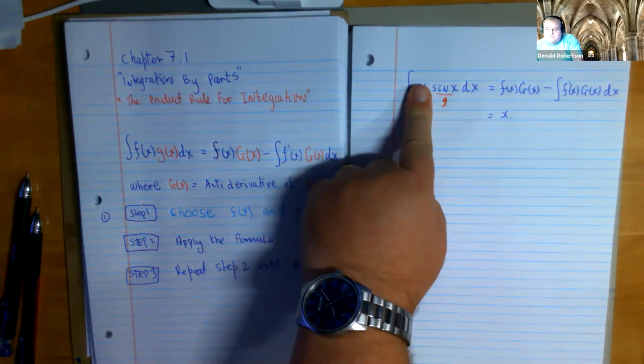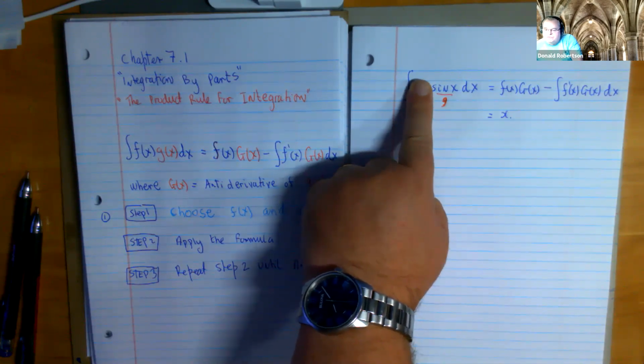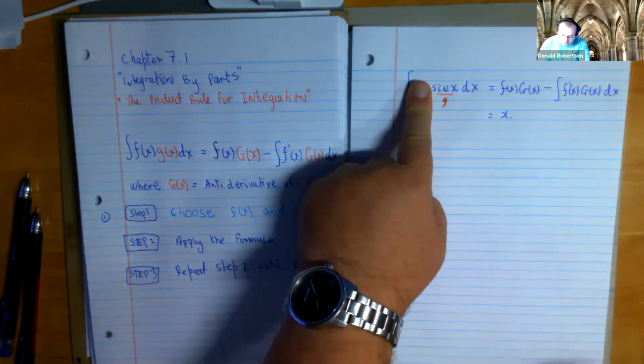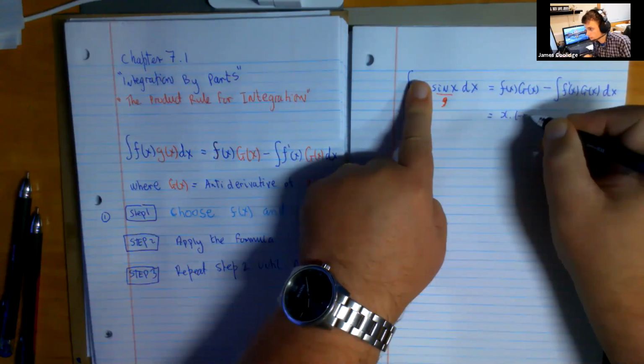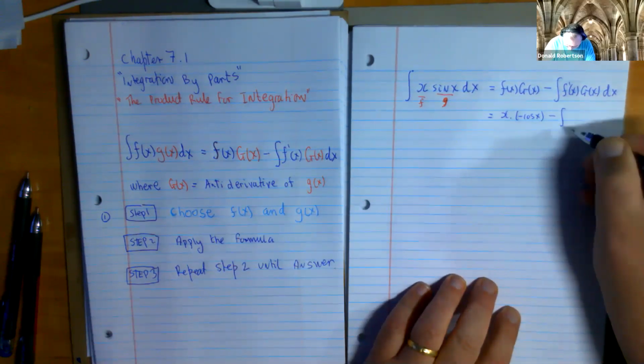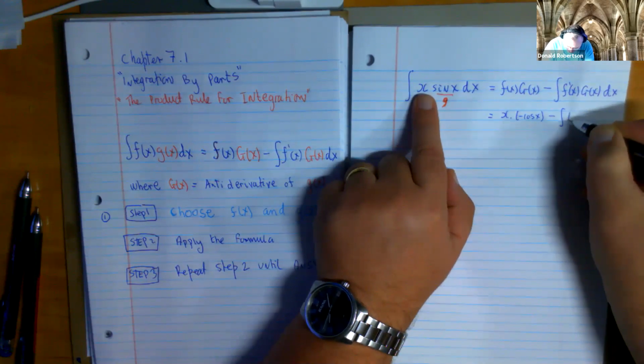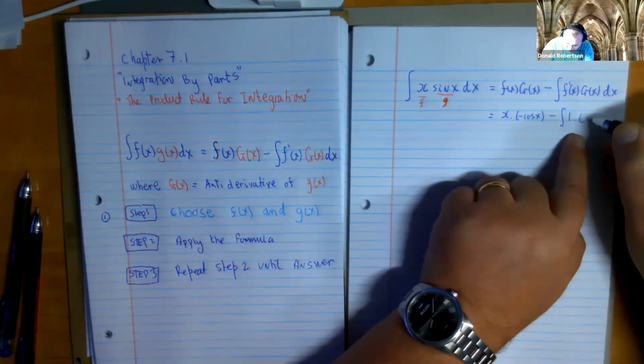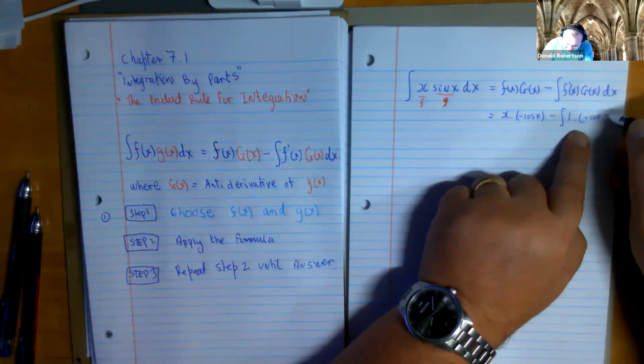What's the antiderivative of sine x? Antiderivative of sine x. What is it? Negative cosine. Take away the integral of f dashed of x, which is 1, with the antiderivative fella, and it looks like this.